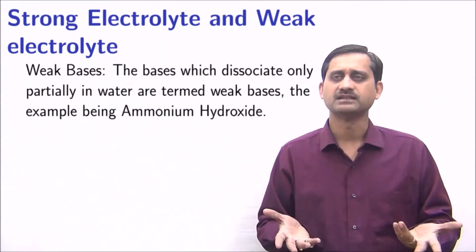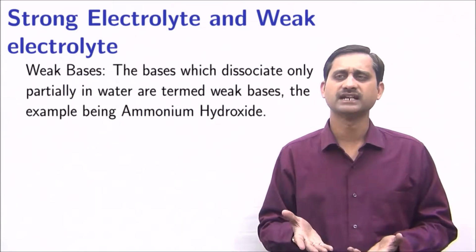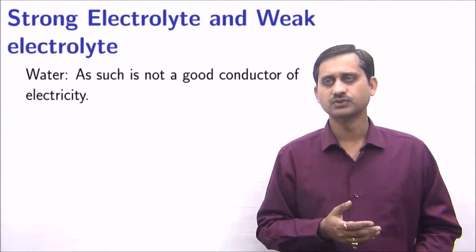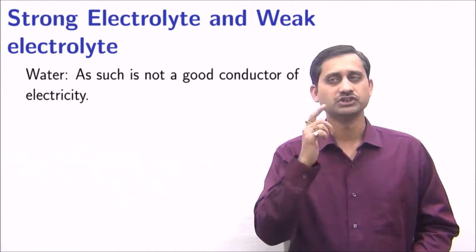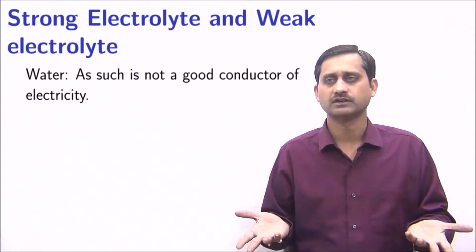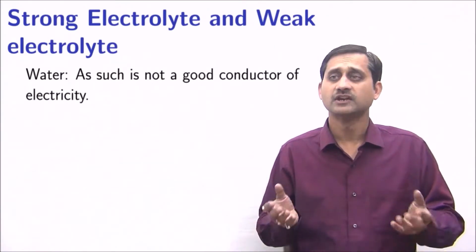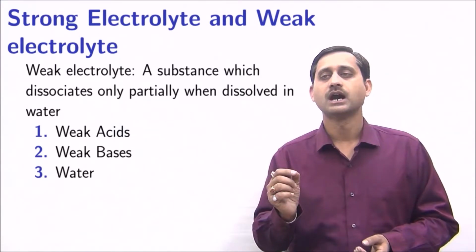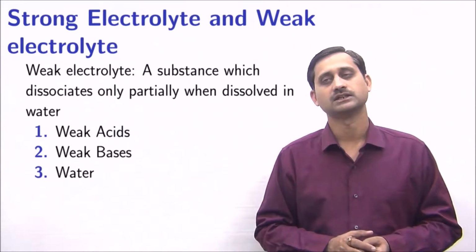Similarly, weak bases like ammonium hydroxide dissociate only partially. Water itself shows a very small dissociation into ions. Pure water is as such a bad conductor of electricity. Hence, weak acids, weak bases, and water are examples of weak electrolytes.